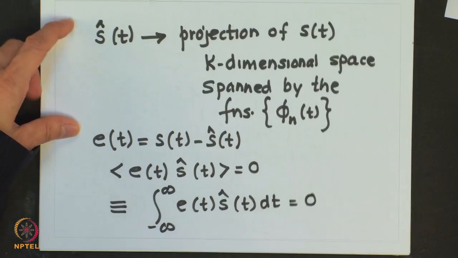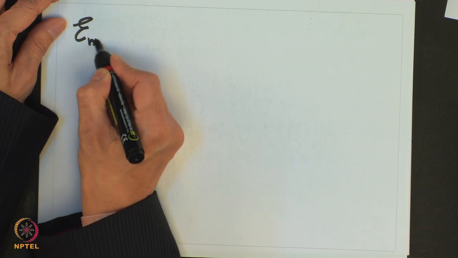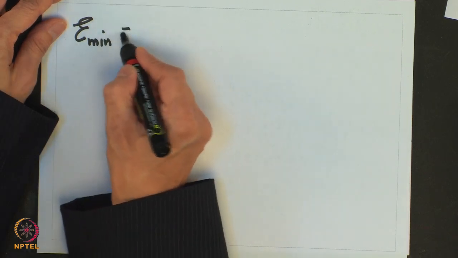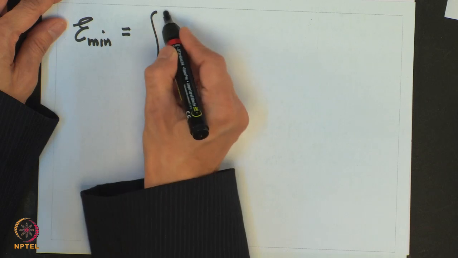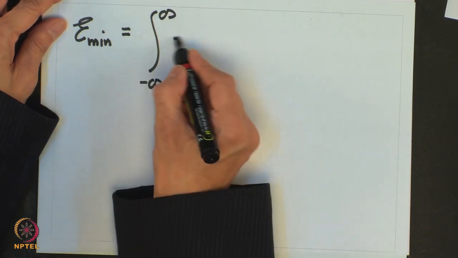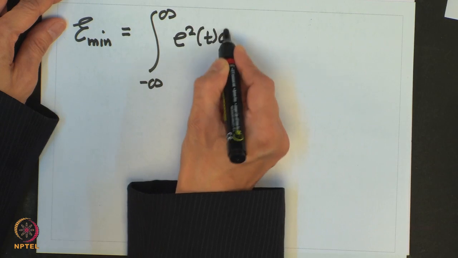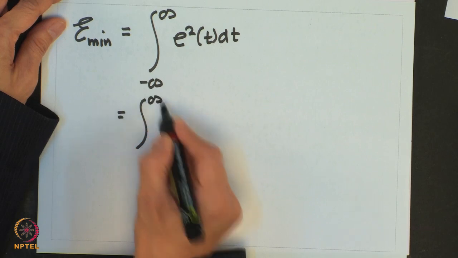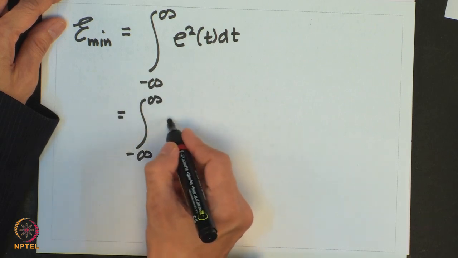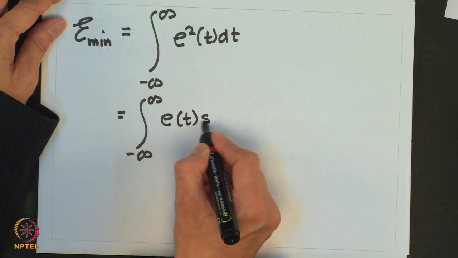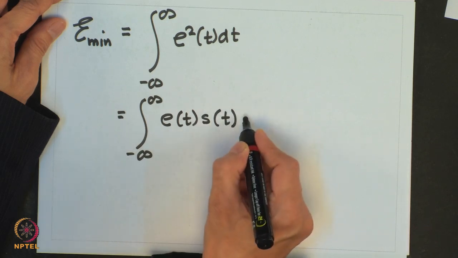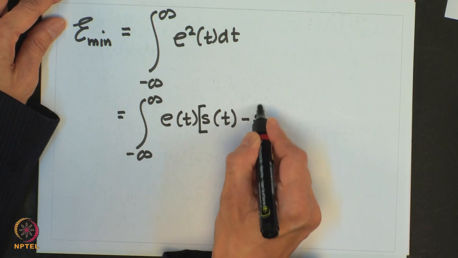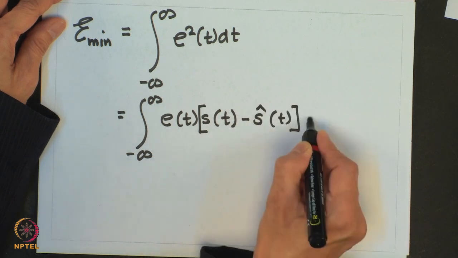Okay. Fine. So, let us quickly calculate the minimum energy for this. So, E minimum from this will be equal to, I have to evaluate this, and this can be written as the integral of e(t) times s(t) minus s hat(t) dt.